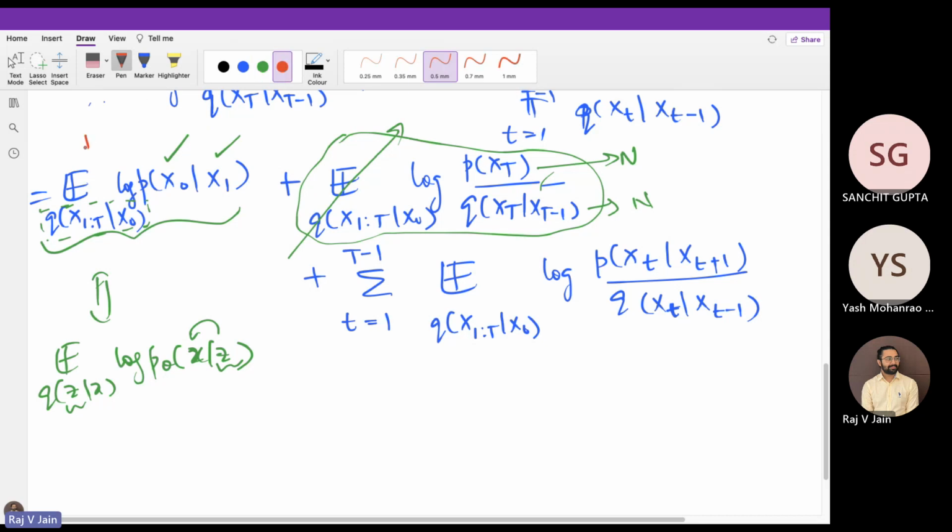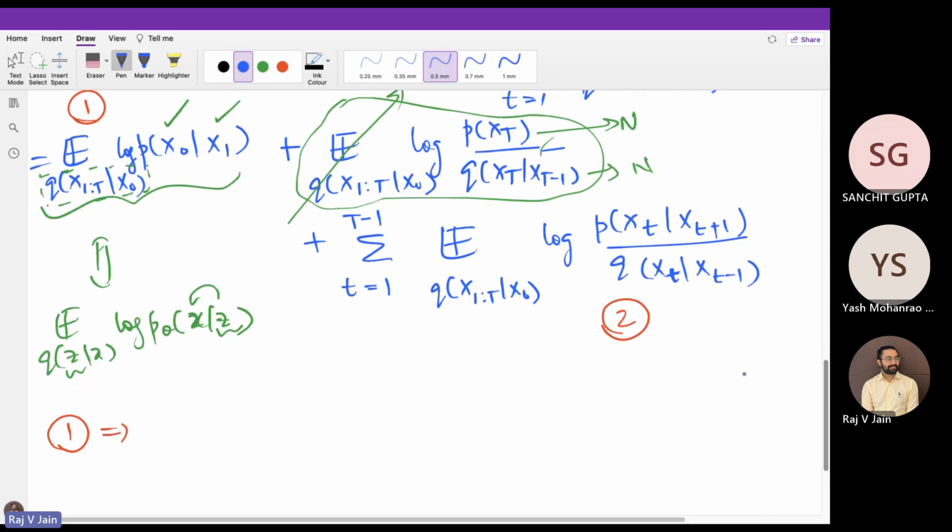Let me call this term 1 and term 2. For term 1, if I were to expand, what will happen?